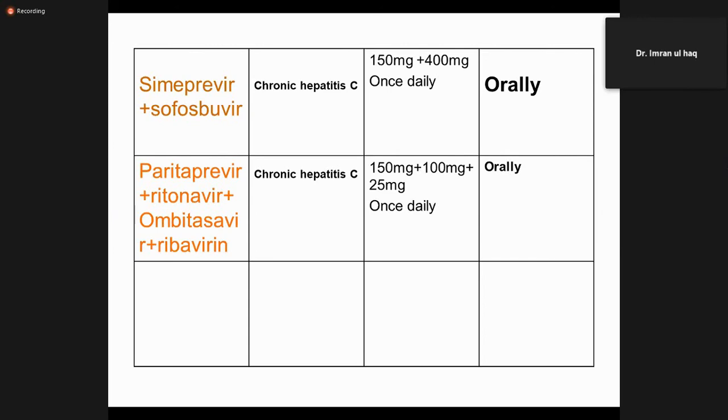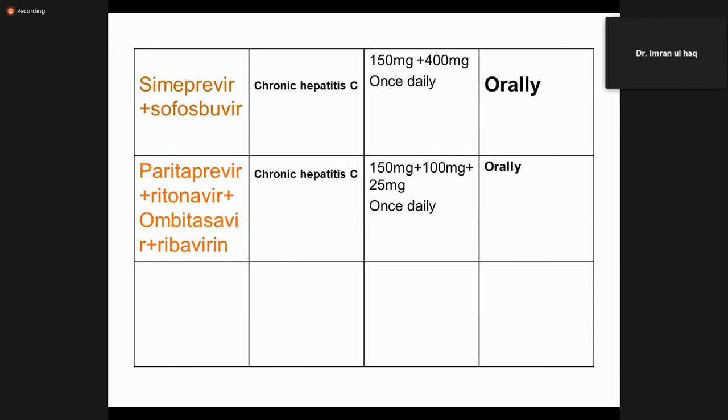Clear? So paritaprevir 150 milligram, 100 milligram is the ritonavir, with 25 milligram of ombitasvir, and 800 to 1000 milligram of ribavirin.